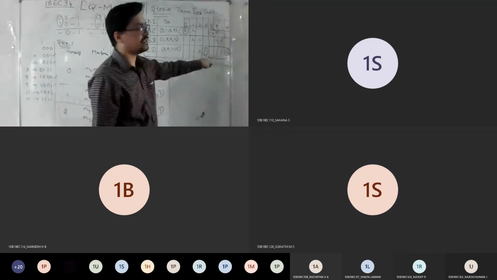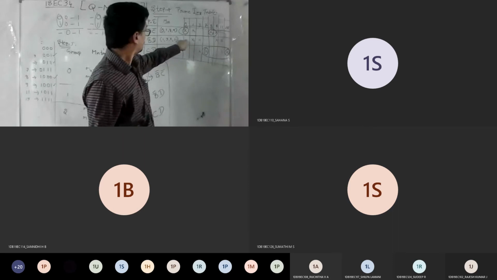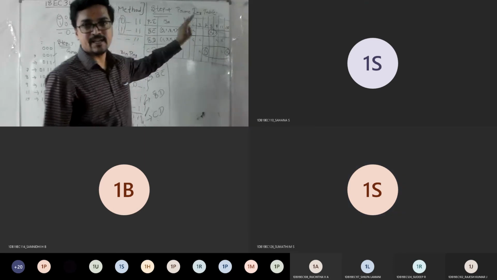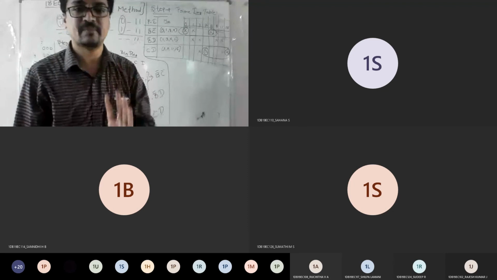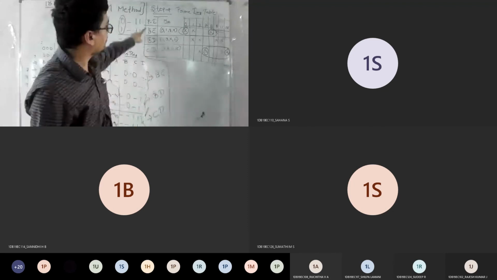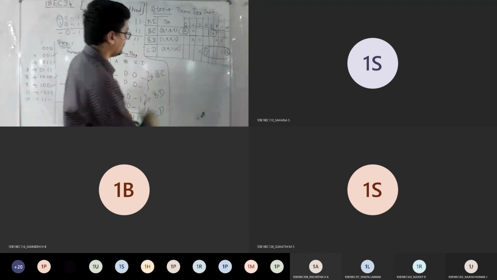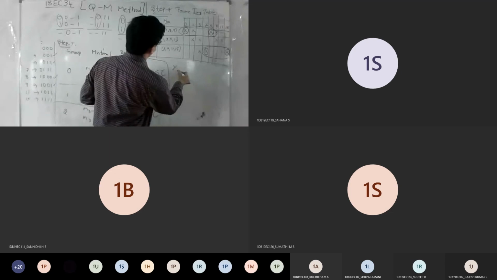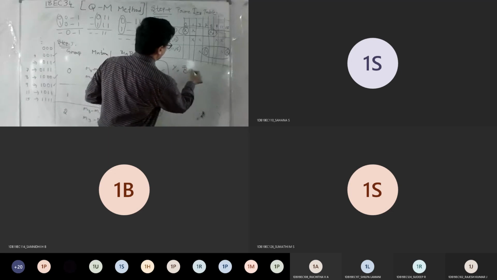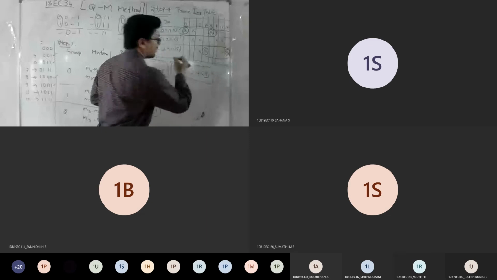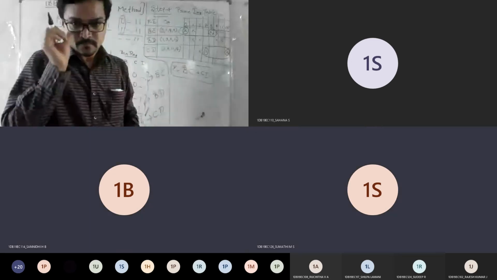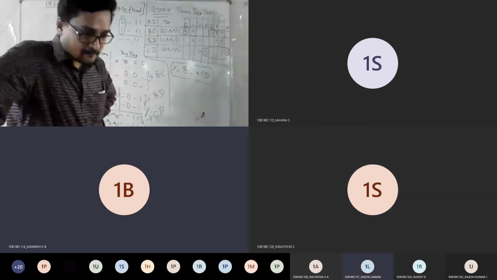Similarly here. So it means this B bar D is not an essential prime implicant. So I need only B bar C bar and CD. So I can conclude the expression for this question is B bar C bar plus CD. Am I clear to everyone?